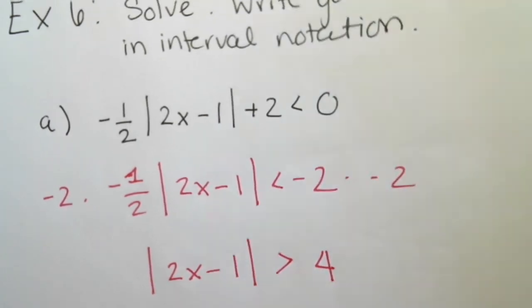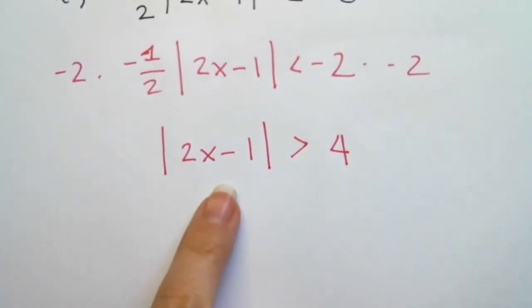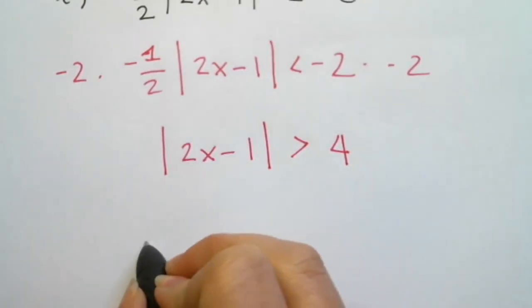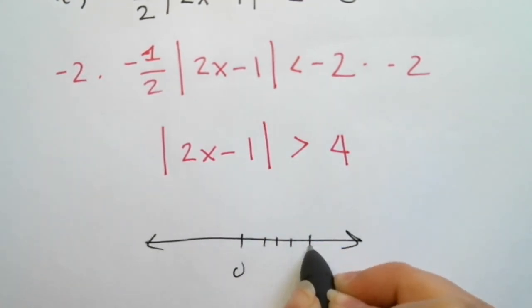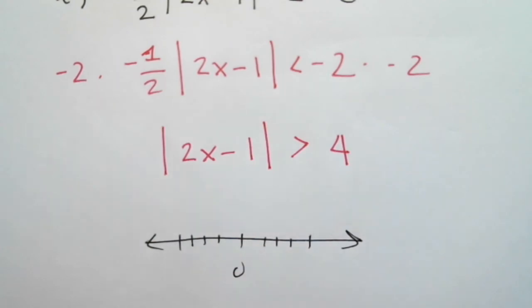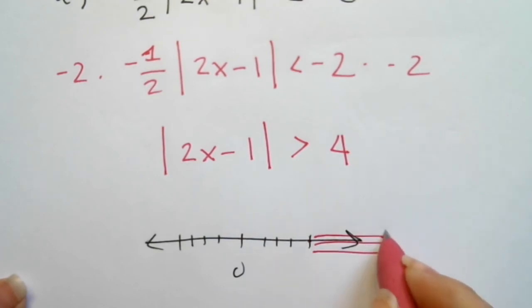Okay. So now we're thinking about numbers whose absolute value is greater than 4. So we're going to go out to where the distance is 4, and then we're going to go further away than that.